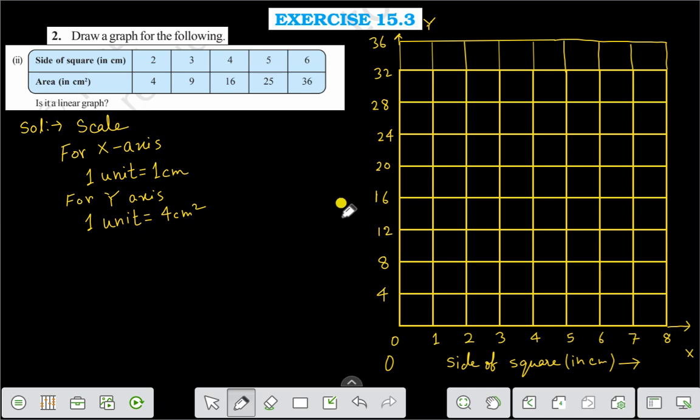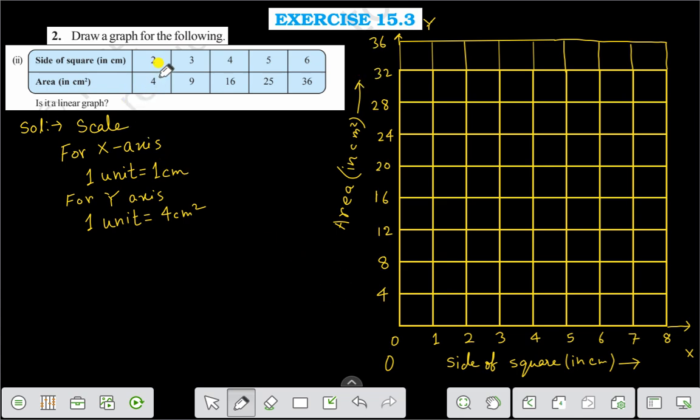This is the area in centimeter square, that is the y axis, right?